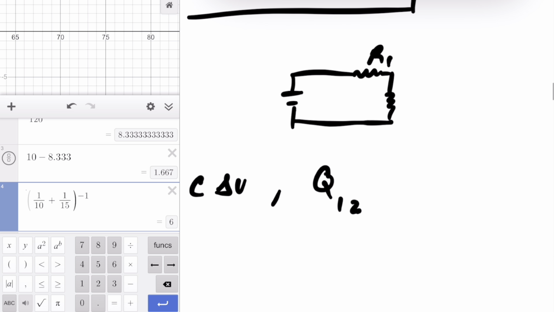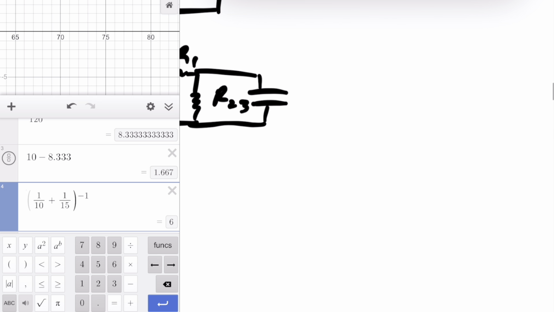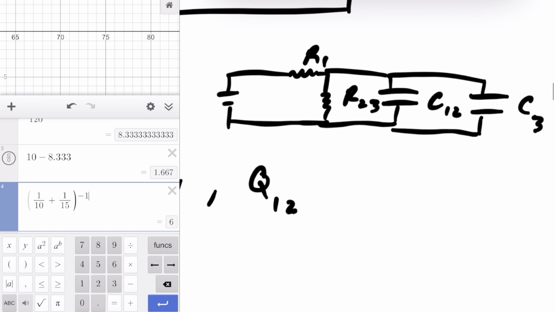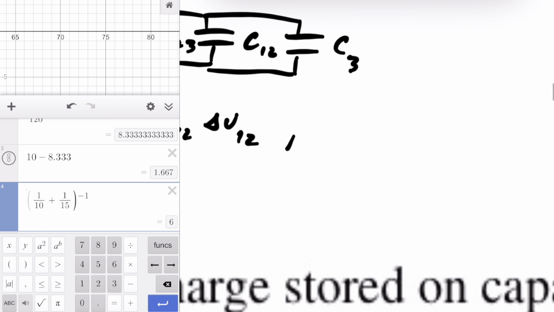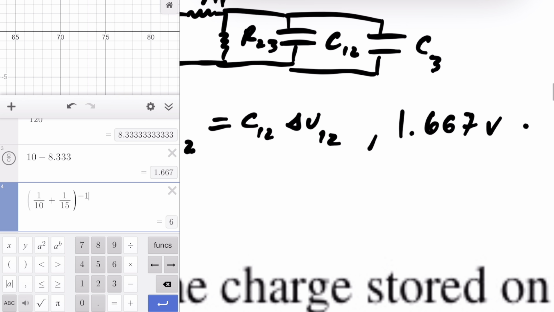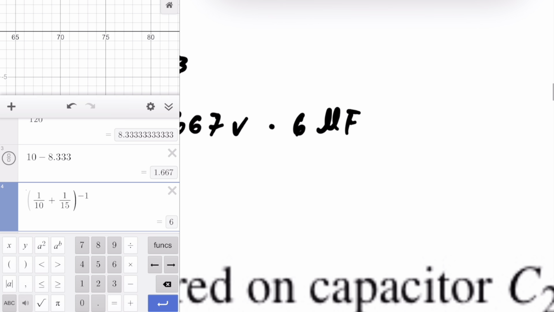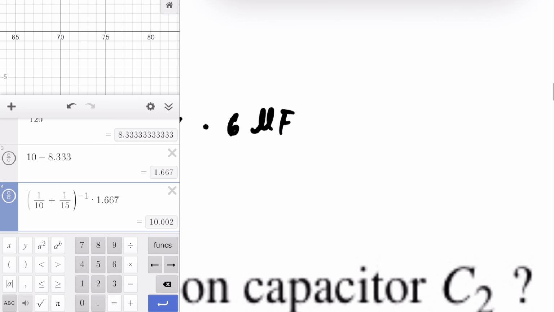Here's R1, here's R23, and here's the capacitor that I just merged, C12. These all have to have the same voltage. Q on 12 has to equal C12 times delta V12. I know delta V12 is 1.667 volts, and I know that C12 was 6 microfarads. So if I multiply, the charge has to be roughly 10 microcoulombs.